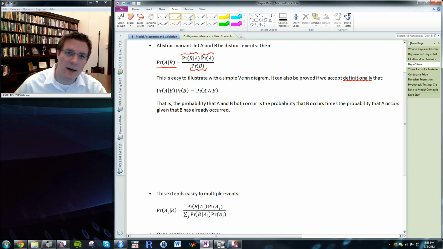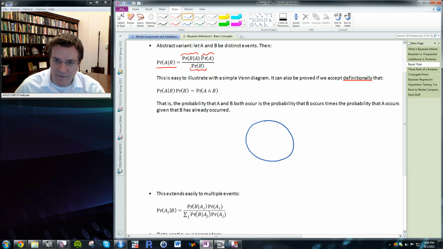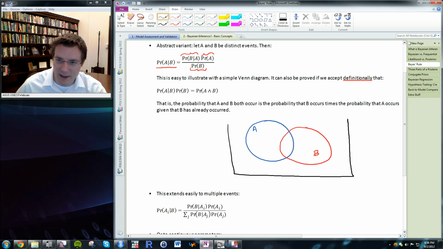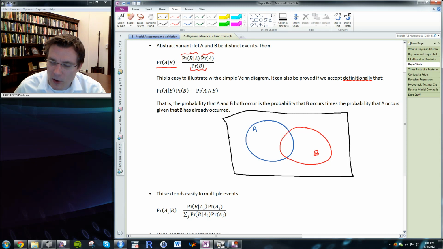So if you think of there being two events, A and B, here's event A, and here's event B. And the entire world, or the universe of possible events that can occur, is going to be given by this square here. So I have both a MasterCard and a Venn diagram. So this is the universe of possible events, all possible events.